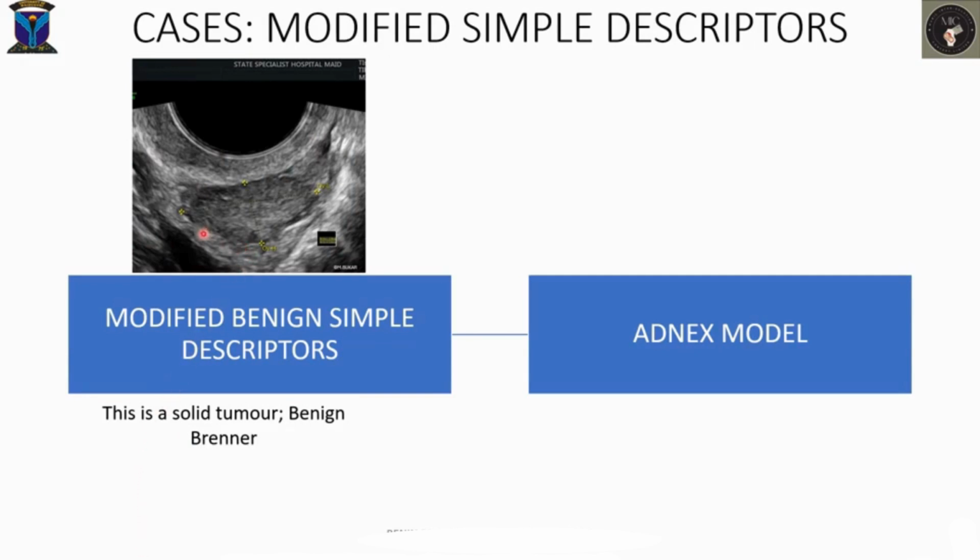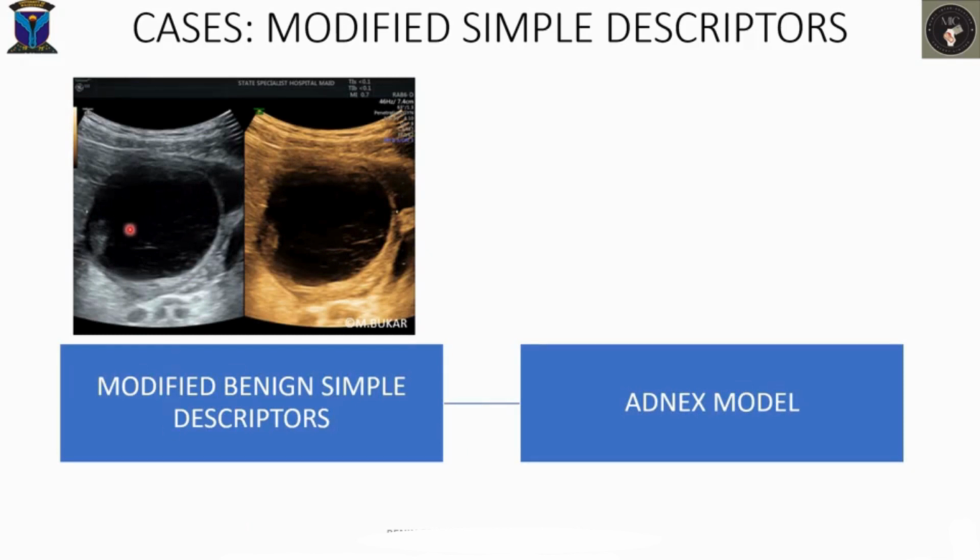What of this case? This is a solid ovarian lesion, which turned out to be a benign Brenner tumor. Can one apply the modified benign simple descriptors? No, because this is not a unilocular cyst. So the benign simple descriptor will not apply. So you now move to the ADNEX model.